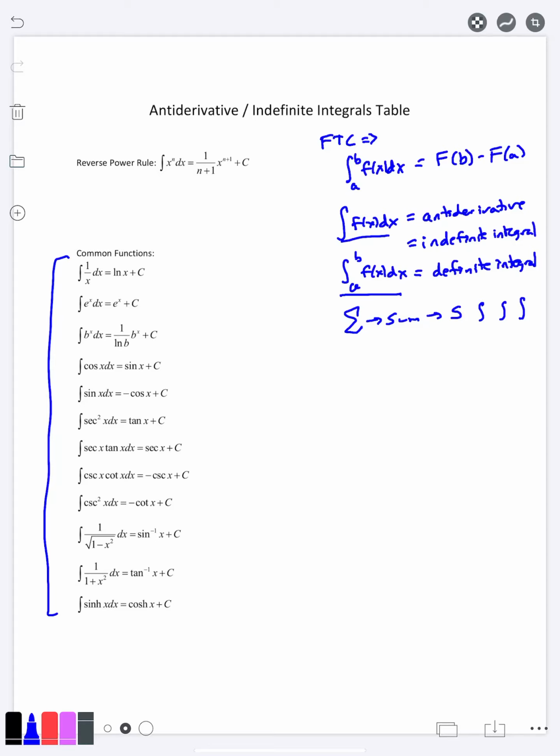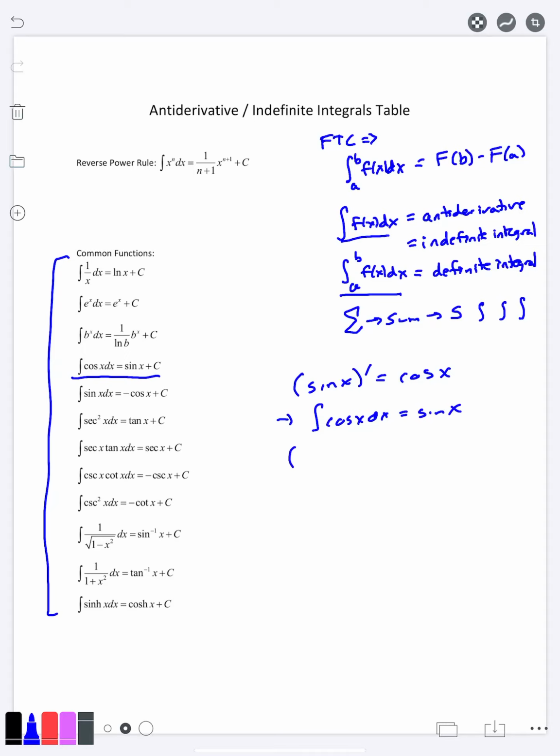Hopefully it's not too bad, because as I said, it's just reversing all the previous rules. For example, we learned before that the derivative of sine x is cosine x. So if you reverse it, the antiderivative of cosine is going to be sine, and that is right here. So every single one of these rules comes from a derivative rule you learned before.